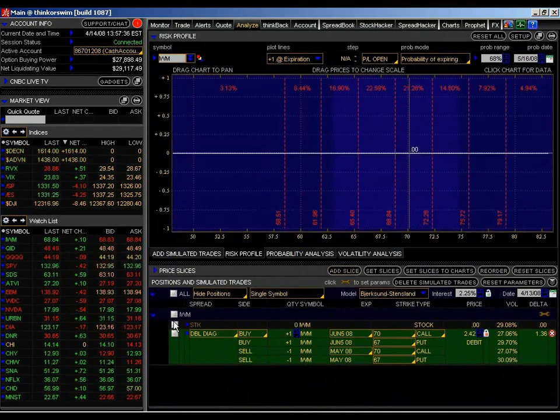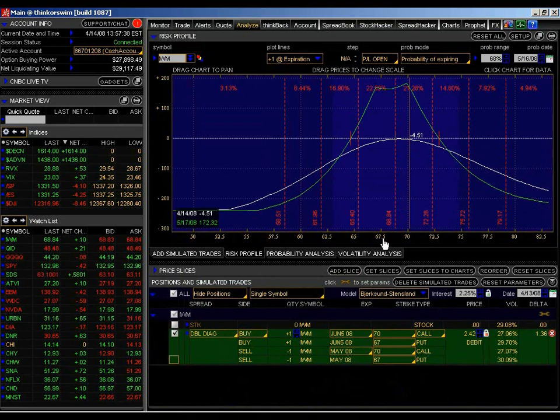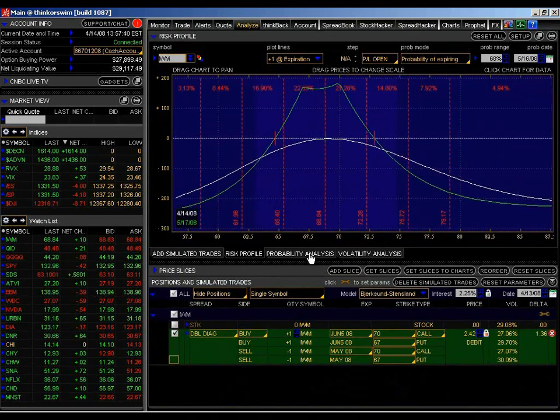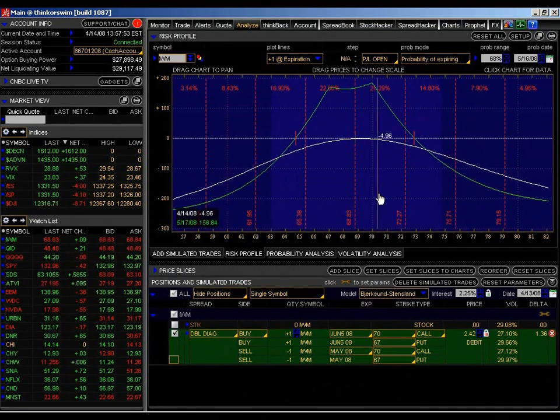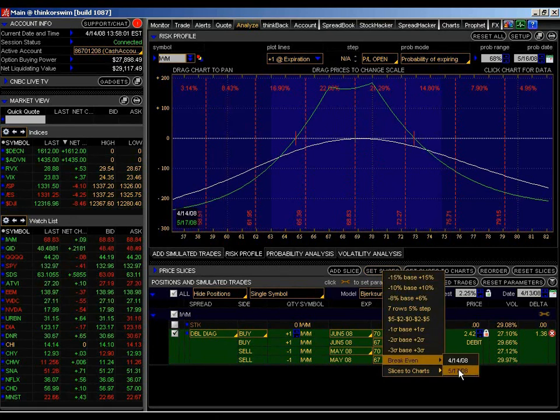Okay, let's just take a look. I have a small position in the IWM, so I just took that off, and I want to only analyze. It's already hiding the positions. That's good. What I want to do is analyze this position now, and it looks like we're dead center on this. Let's set our slices to the break even.